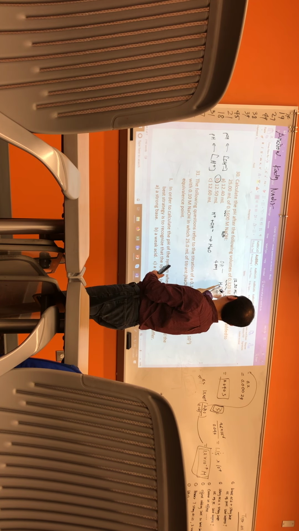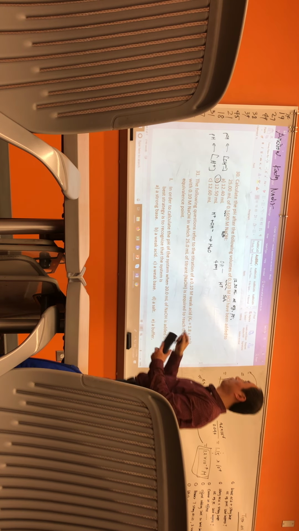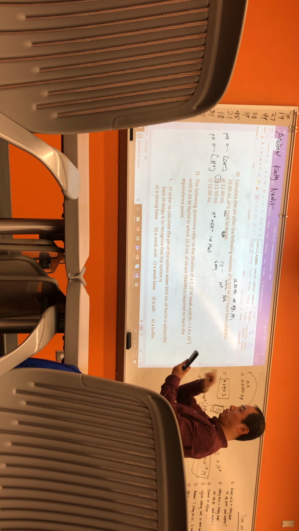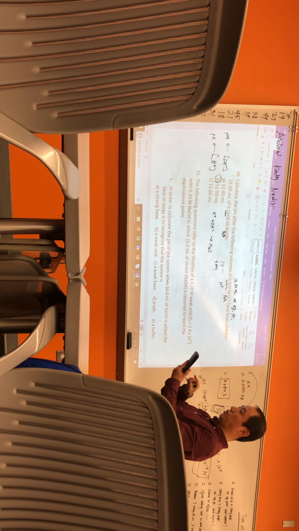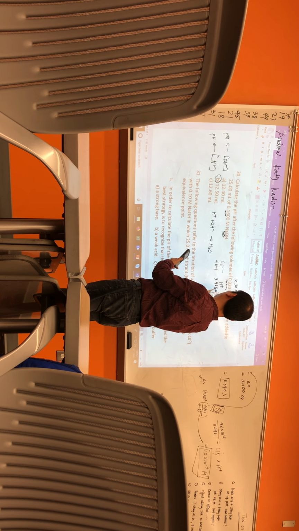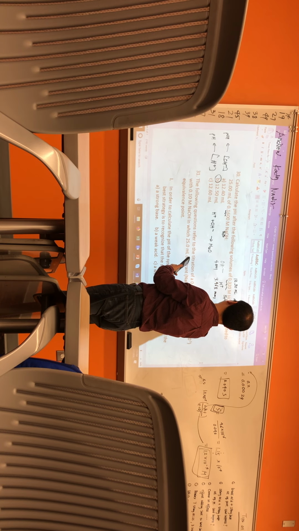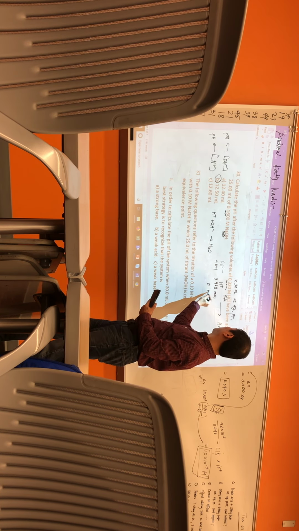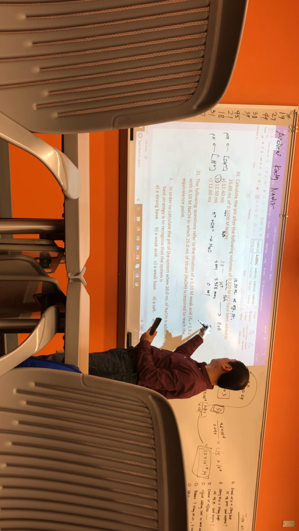And H plus is 12.40 times 0.32, which is 3.968 millimoles. When they react, the smaller amount will be all used up, and you're going to have that many more of water.